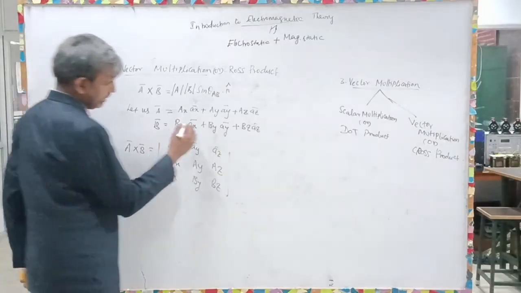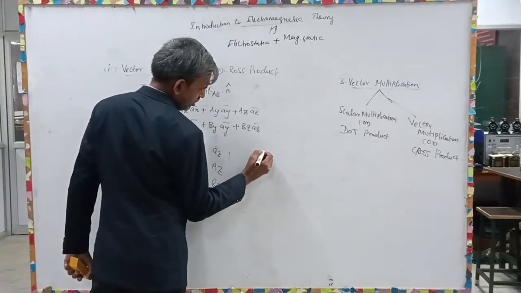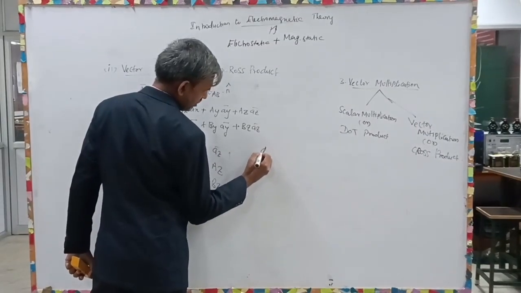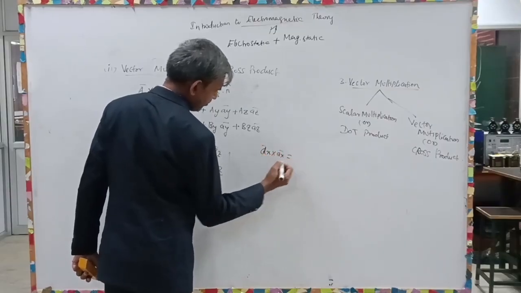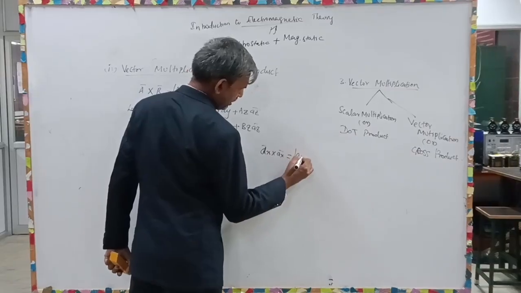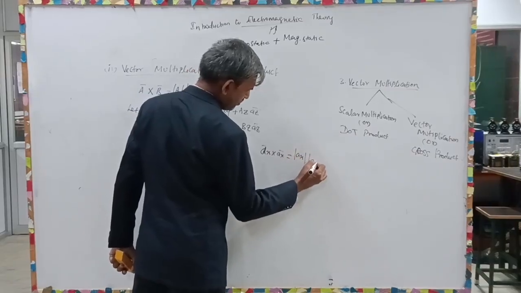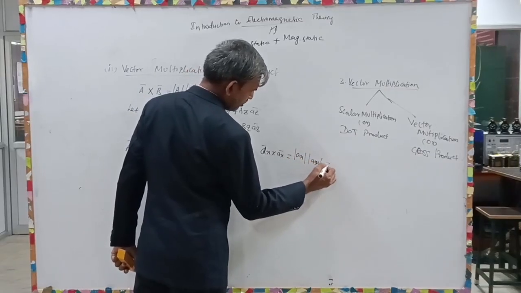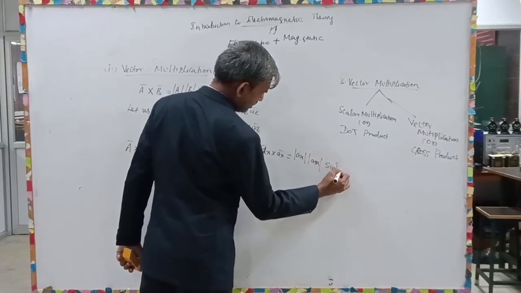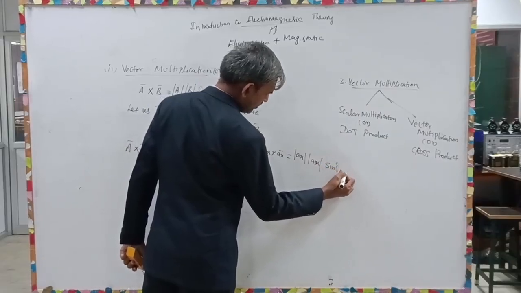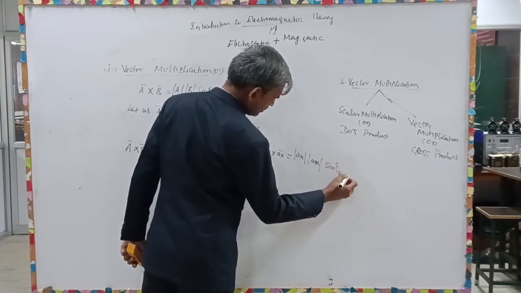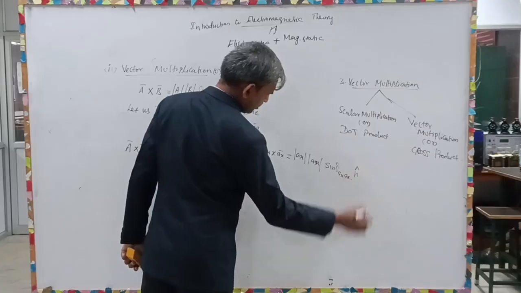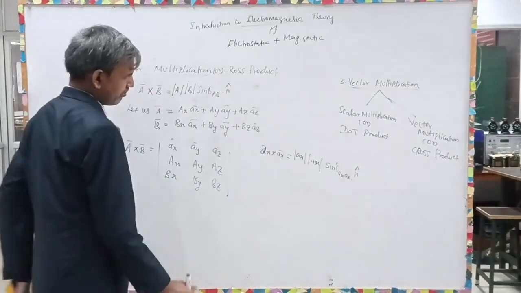Suppose we are taking the cross product Ax cross Ax, which means modulus of Ax, modulus of Ax, sin theta, the sine of the angle between Ax and Ax, along the unit normal vector.